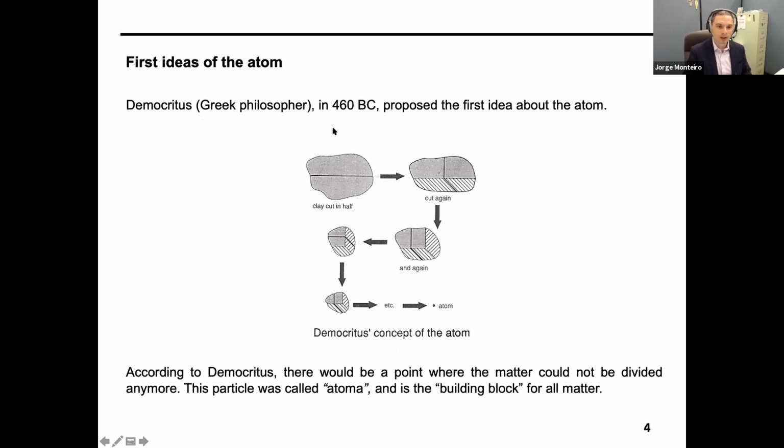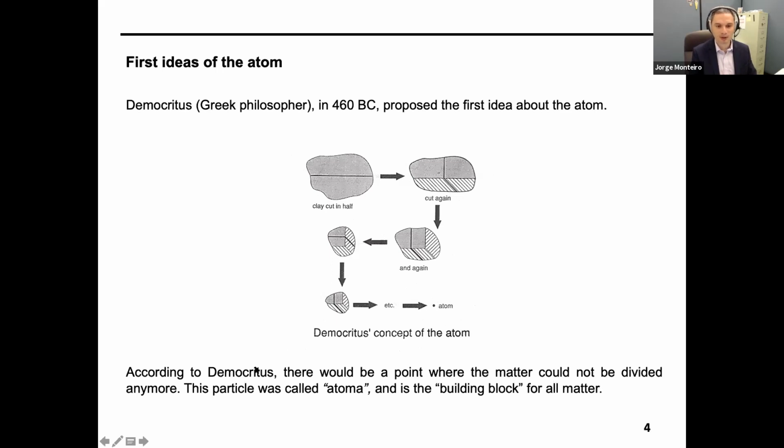What Democritus proposed was that if we start with a big chunk of clay and we cut this in half, then cut again, and again, and again, we are going to get to a point that we cannot split this particle anymore. And that small particle was the atom.